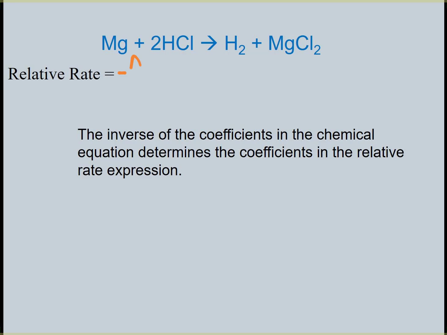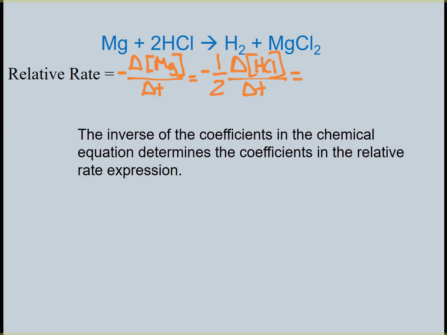And then I'm going to do the change in the concentration of the magnesium over the change in time would be equal to its other reactant disappearing, so negative, but half of it. And that is because of that 2. That means that the HCl will disappear twice as fast. So if I'm putting them together, then I take the inverse of that coefficient. But it's going to look the same. I'm going to do the change in molarity of the HCl over the change in time.